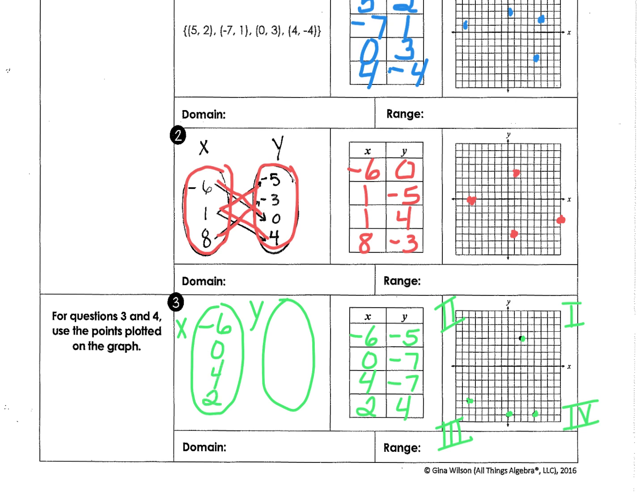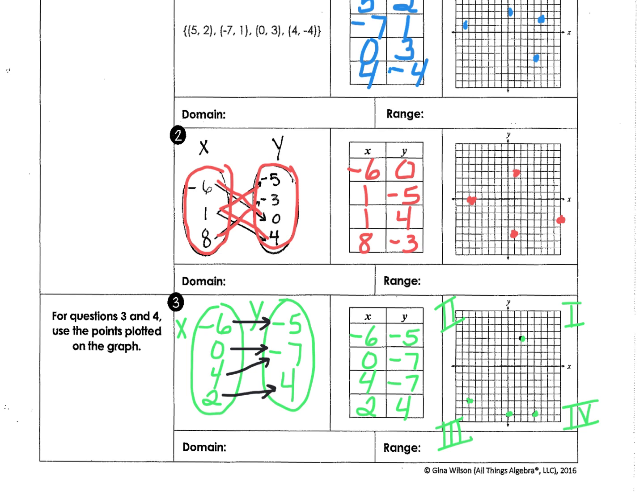In my y column, I have -5, I have -7, I have two -7, so I'm only going to write it once, and +4. Now, -6, I'm going to draw an arrow to the -5. 0 goes with -7. 4 also goes with -7, and 2 goes with 4.